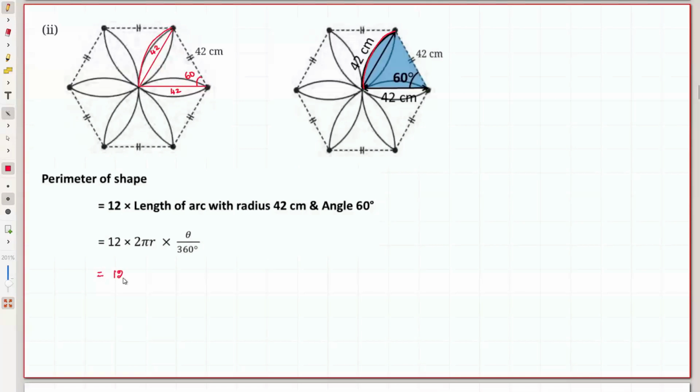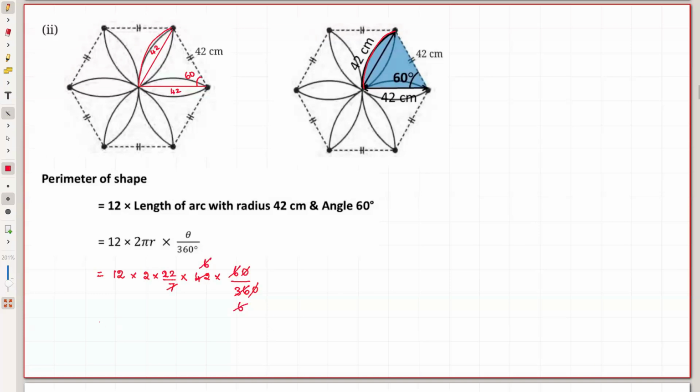So 12 into 2 into pi value 22 by 7 into radius 42 into theta value 60 by 360. We can cancel: 0 0 get cancelled, 6 6 cancel, 7 into 6 cancel, next 6 6 get cancelled.